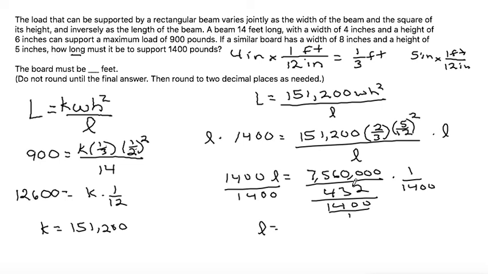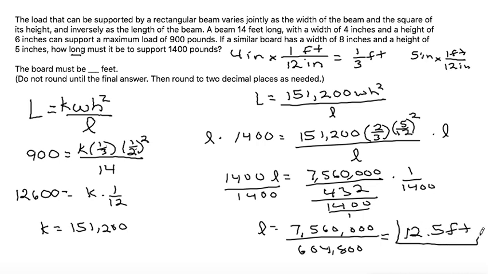So we'll multiply the 432 by 1,400 to give us 7,560,000 over 604,800. So this is the fractional answer, but we need to round it to 2 decimal places. So let's divide it out. And I get that to be 12.5. Not too bad. So this would be 12.5 feet would be our final answer.